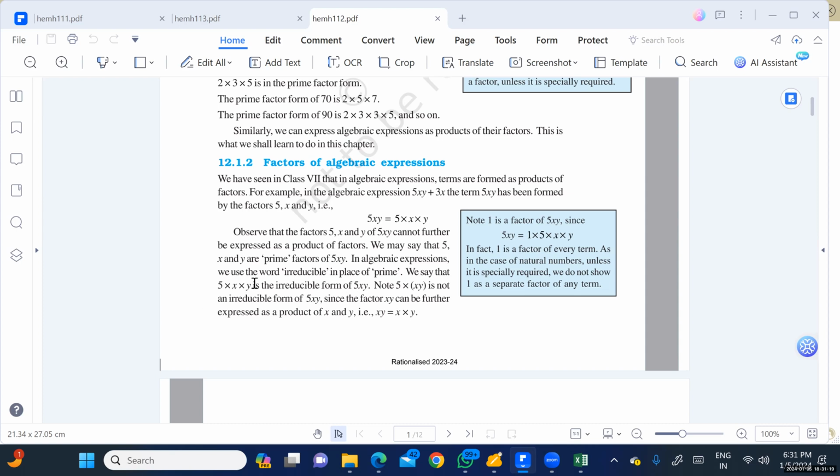The irreducible form of 5x and y is the irreducible form of 5xy. In natural numbers, we say these are the prime factors of 30, prime factors of 70. So irreducible form is used in algebra, whereas prime factors are used in natural numbers. Is this clear?